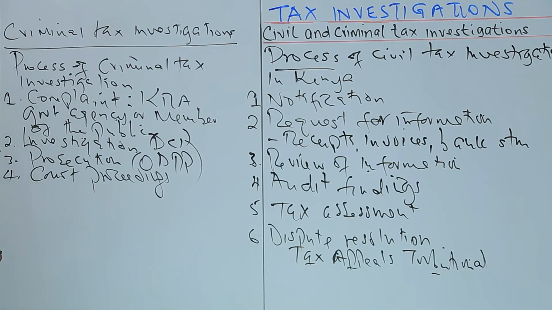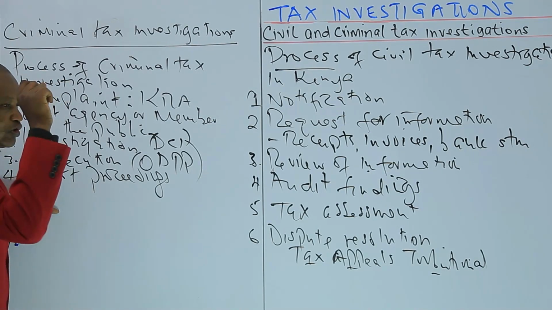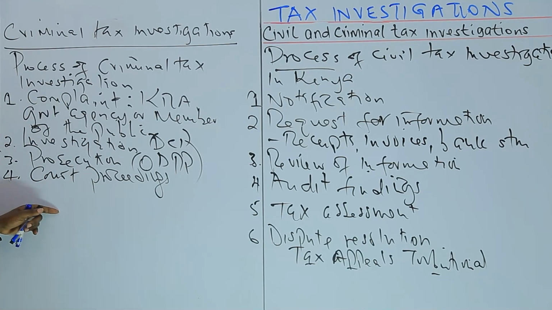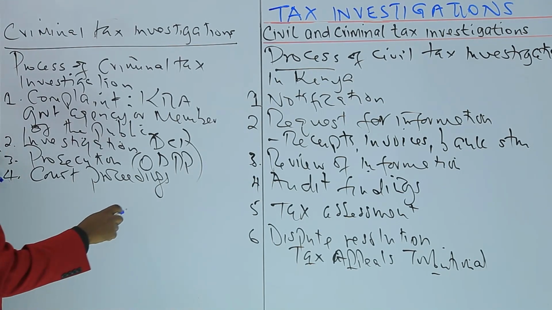The office of DPP will decide whether to prosecute the case in court. If they do, the taxpayer will be charged with a tax crime and will have the opportunity to defend themselves in court.